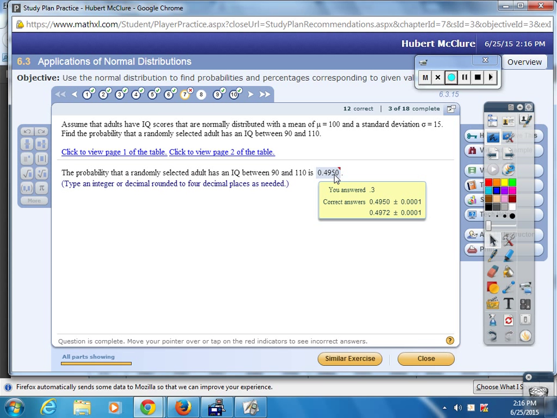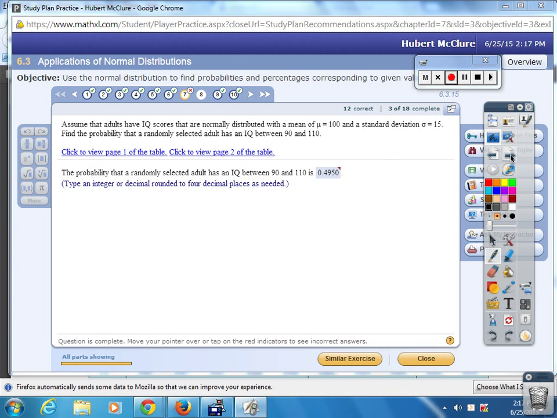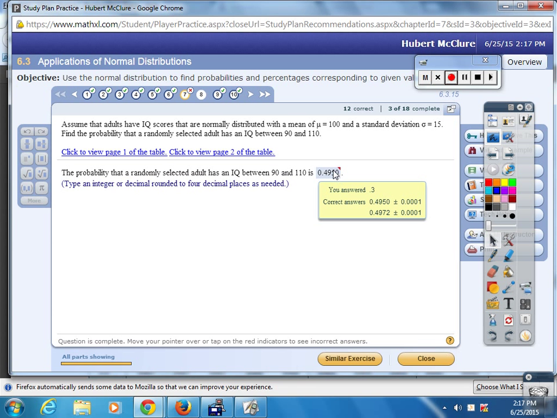So they did round to 0.67 on both. If you'll look at the one I did by hand, 0.4972. So they're doing it rounding 0.67. 0.4972. Hold on. There it is. 0.4972.